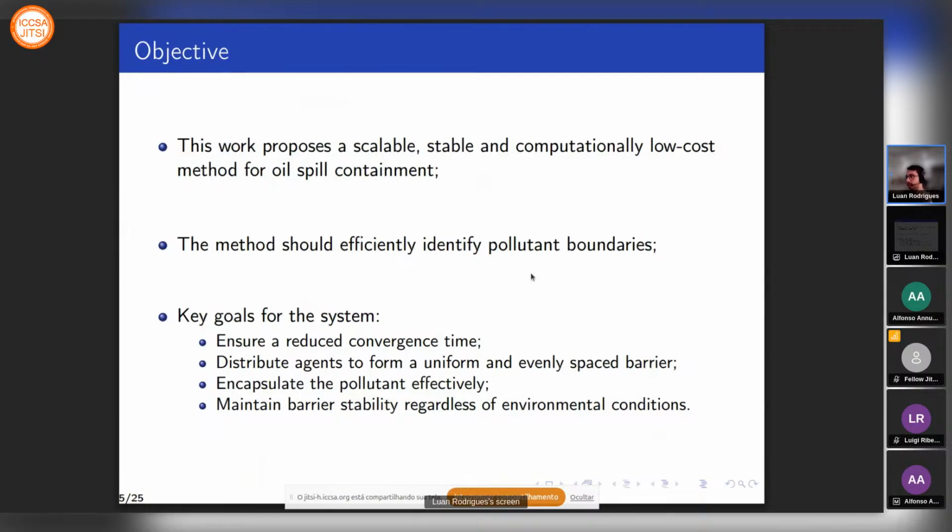Here we have the key features: the low computational cost, efficiently identifying the pollutant boundaries, ensuring a reduced convergence time, distributing the agents around the pollutant in a uniform and evenly spaced barrier, and especially encapsulating the pollutant effectively, and also maintaining the barrier regardless of any environmental factors like the winds, the currents, and the waves.